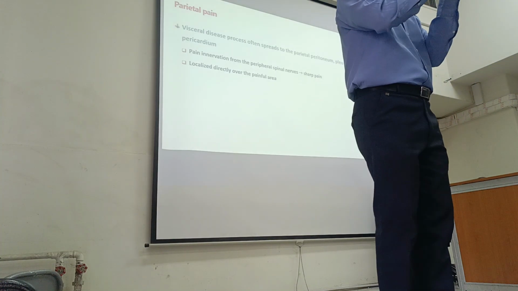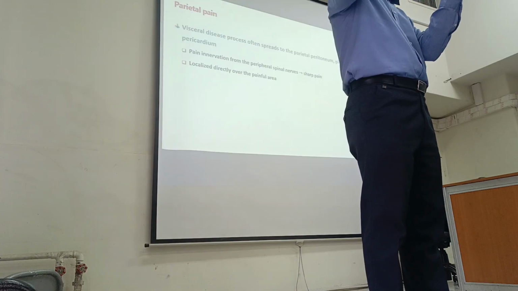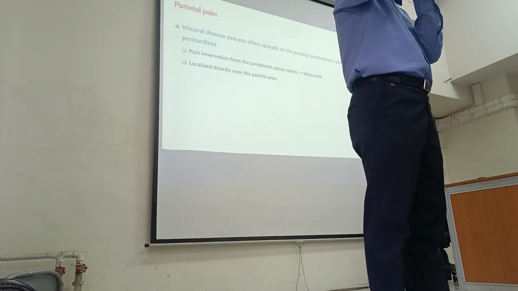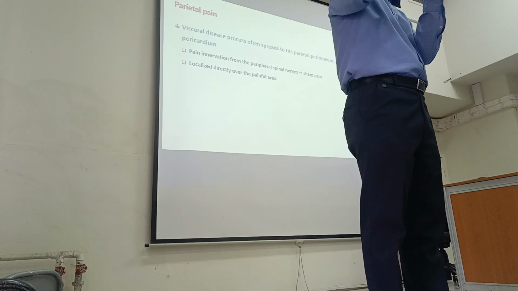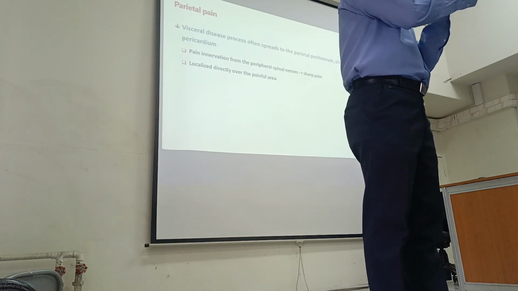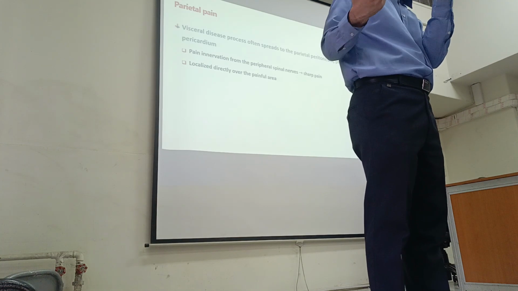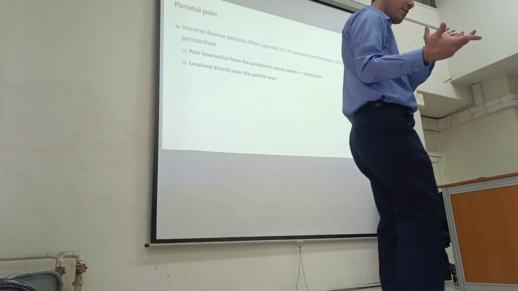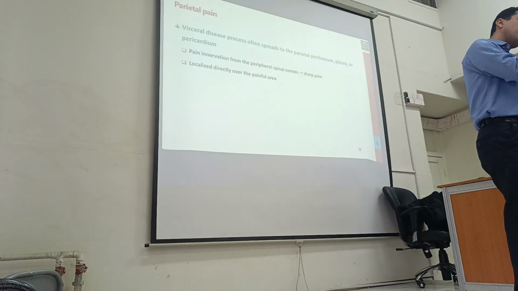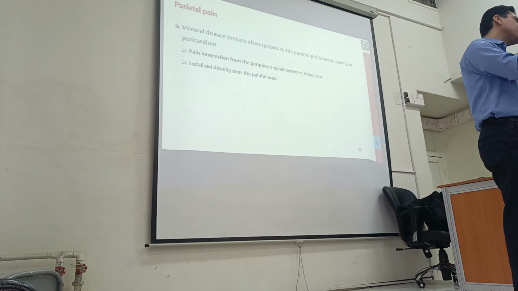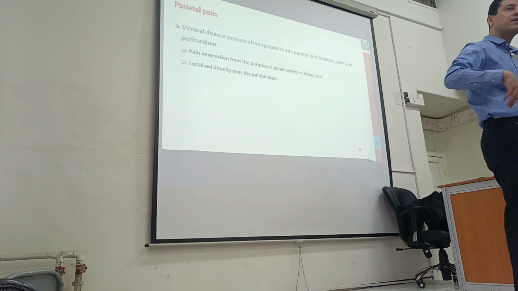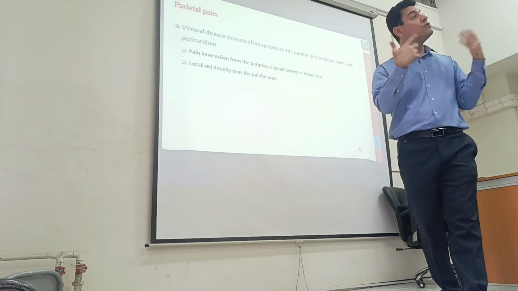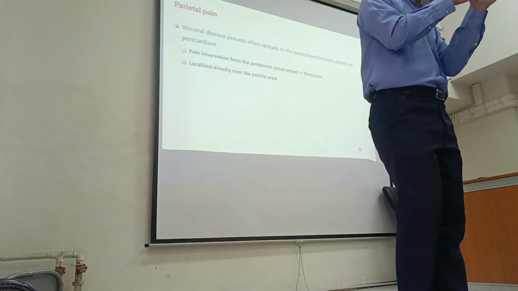And you should know that these layers have different innervations. The visceral layer is innervated by the autonomic nervous system, sympathetic and parasympathetic, right? But the parietal layer is innervated by somatic nerves, somatic spinal nerves. So two different systems innervate these layers.